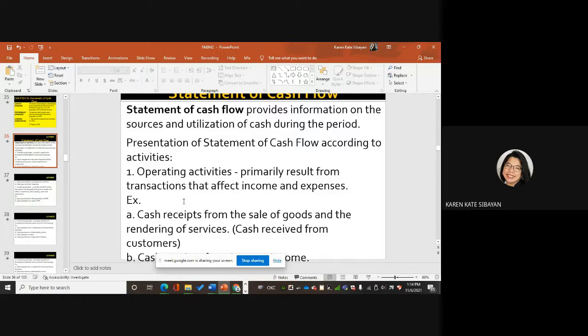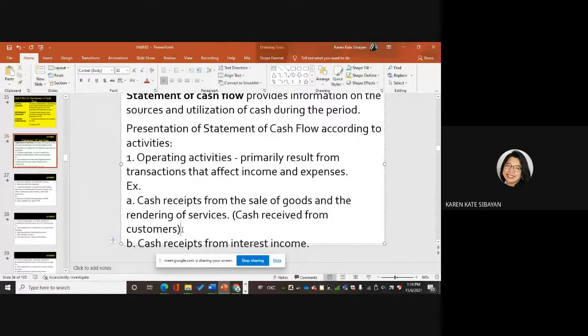If yes, how much? So of course, total na dapat ng lahat ng na-receive niyang cash because he rendered services, or there's a possibility na he did not render services pero nagbayad na siya. Ang tanong, dito ba yan inilalagay o hindi?